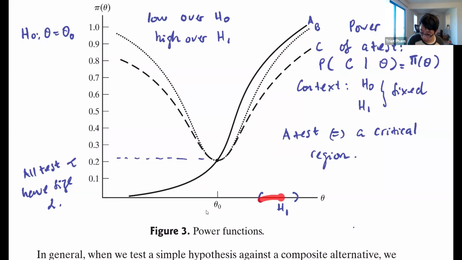Now, given that this whole region is H1, what is the best test in this case? If I change this to my H1, what is the best test? It's not a trick question.